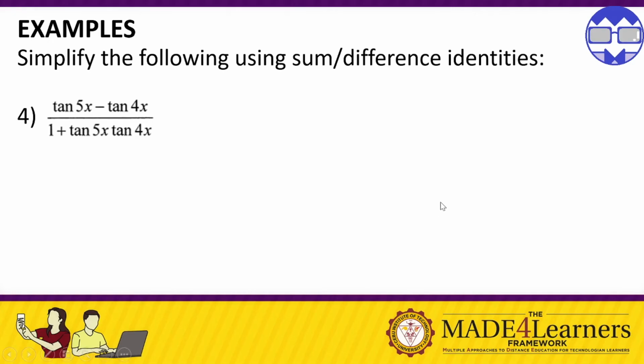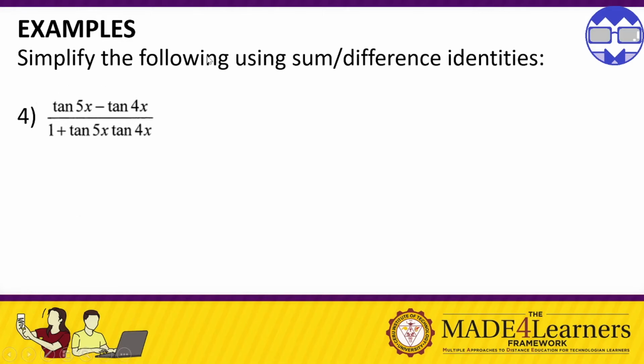Okay, so example number 4, we have tangent. So it's tangent of 5x minus tangent of 4x over 1 plus tan 5x tangent 4x. Here, it's very obvious that we're already given a clue.